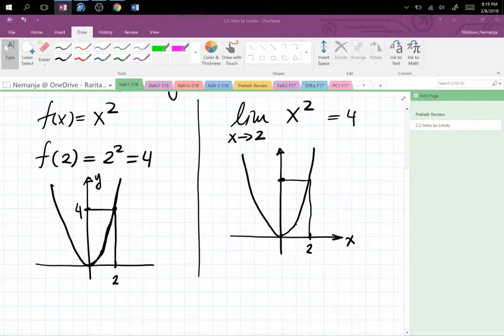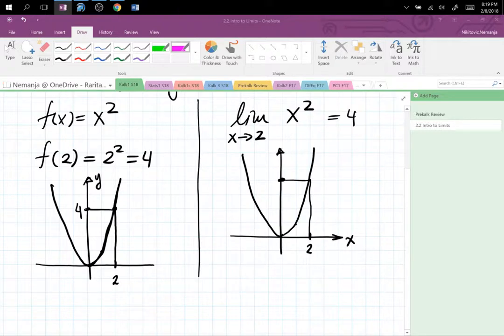First off, I'm going to call your attention to one of the most important concepts in calculus, and that is motion. Calculus studies motion, and the motion in limit is captured in this x goes to 2. x approaches 2.